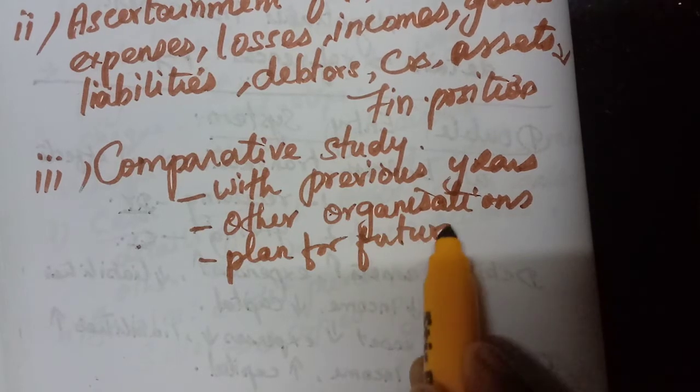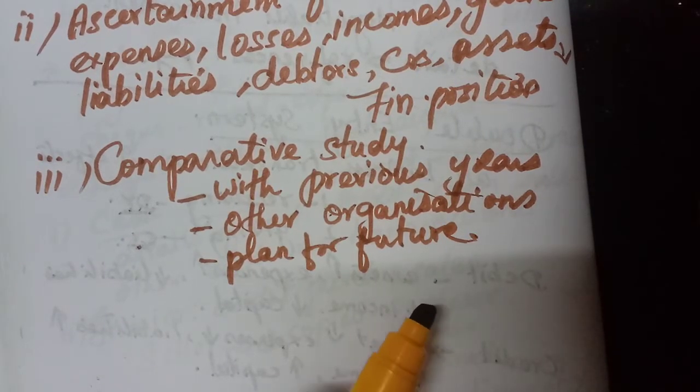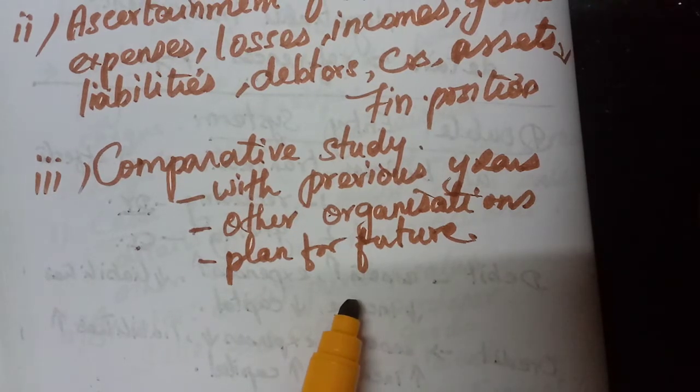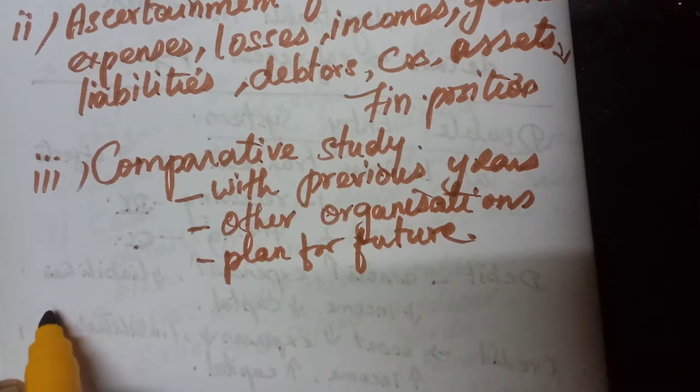If we are not able to gain as the other organizations gain, then we can locate the error, and we can take some steps to improve our organization. That is possible because of this double entry system.